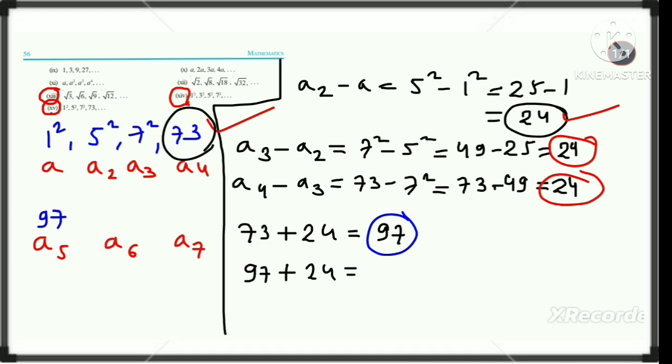Okay, here 7 and 4, 11, 1 carry, and 9 and 2, 11, and 1, 12, 121. And this is our sixth term, 121. Again, if we add the common difference to the sixth term, then we can obtain its seventh term, right?